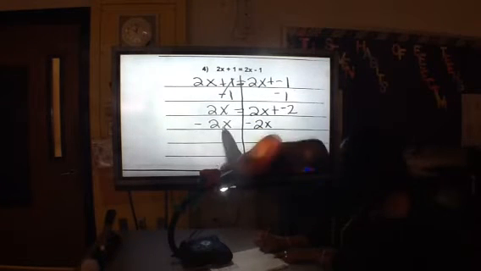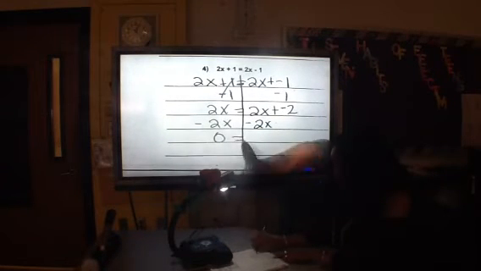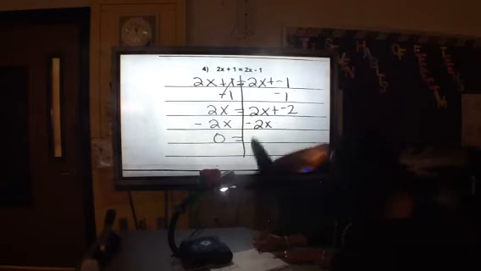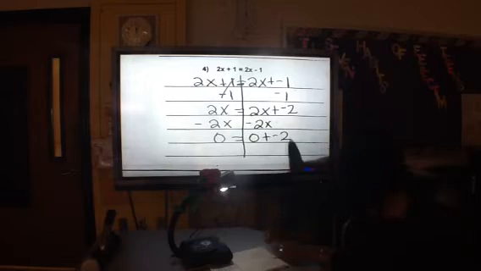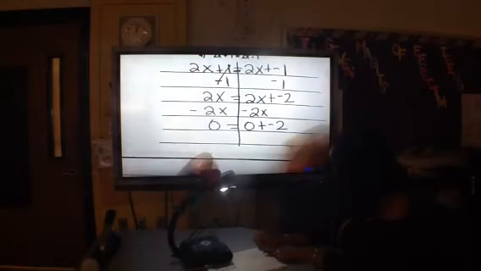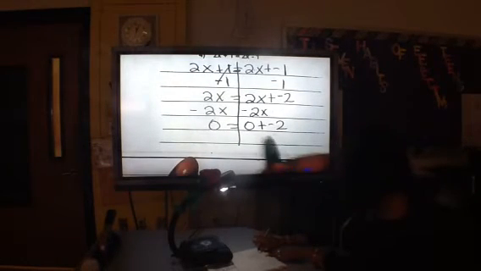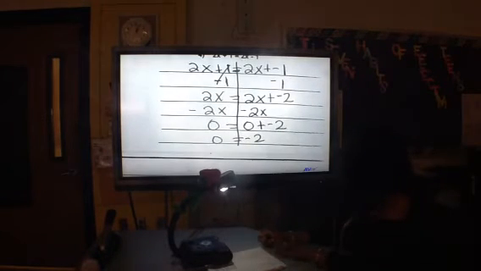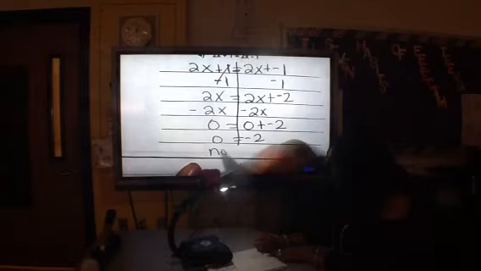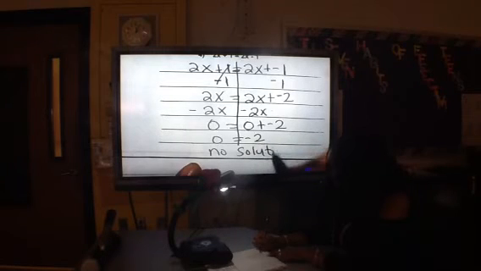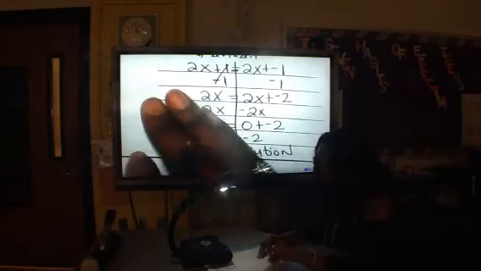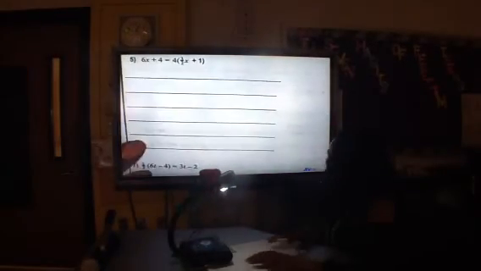One's a positive, the other one's a negative. 0 equals, and if you want to keep it consistent, this would be 0 plus negative 2. Then combine like terms on the same side. So 0 equals negative 2. We know it does not, so this is no solution. Okay? Move on to your next problem.